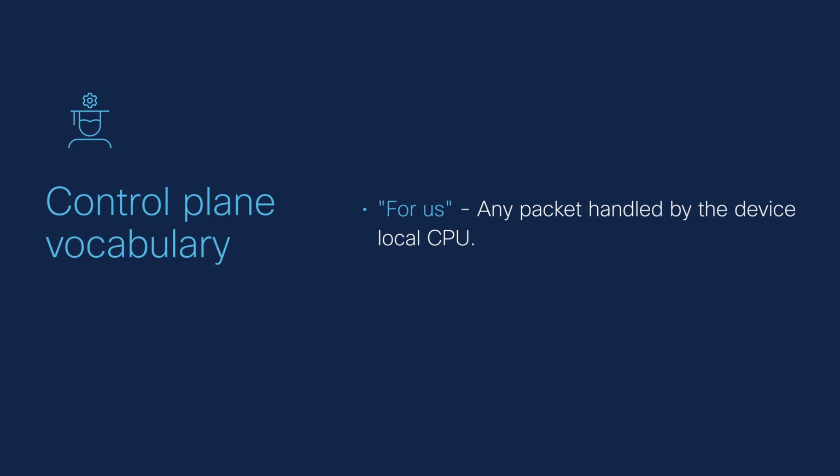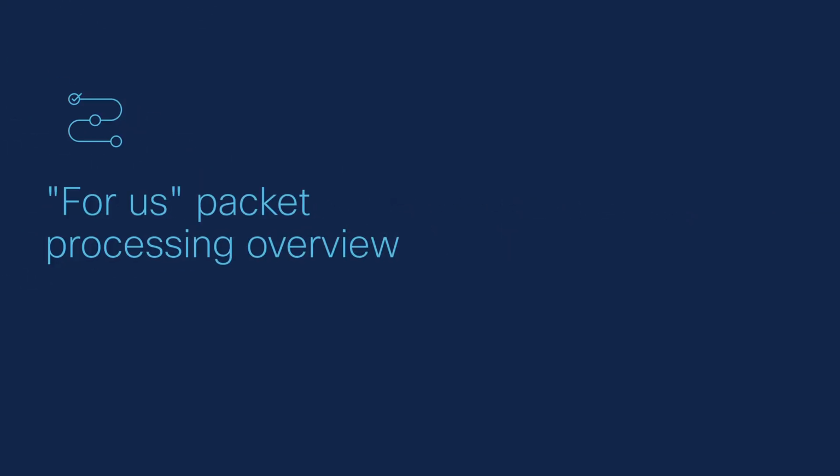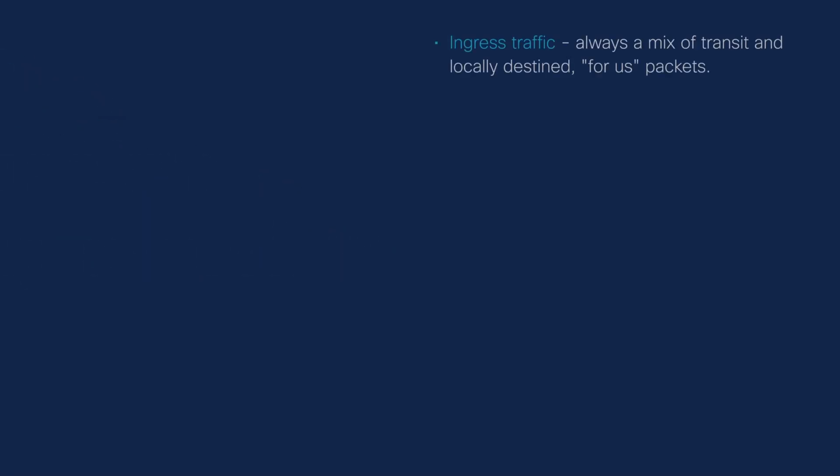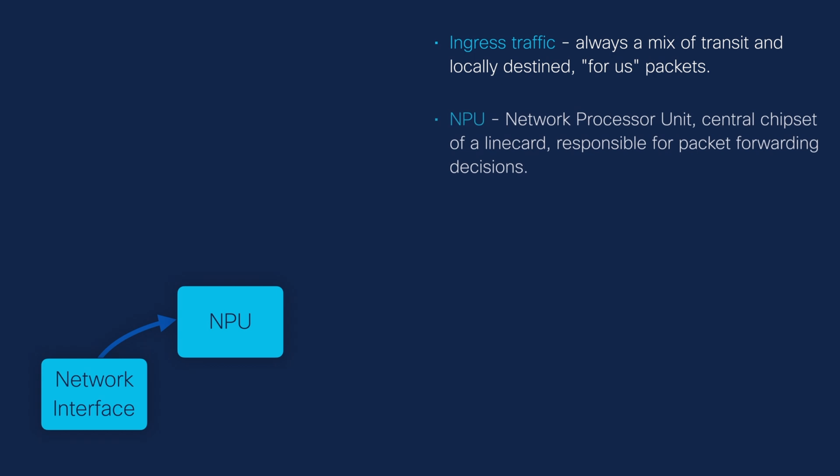Next, let's take a look at how these for us packets reach our process level. The incoming network interface traffic is always a combination of transit packets and some locally destined control plane packets. Incoming packets on the line card or LC network interface will reach a network processor unit or NPU, where for us packets are redirected towards the local CPU, an action called punt.